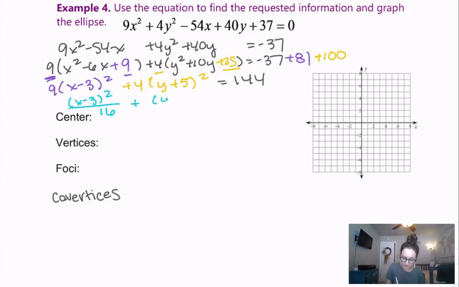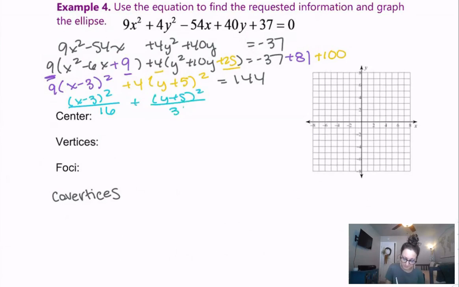And then I've got y plus 5 quantity squared. 4 over 144 reduces to 1 over 36. And then 144 over 144 reduces to 1. So now I've got my equation in the format where I can easily grab the information I need. Okay? All right, so let's go from here.